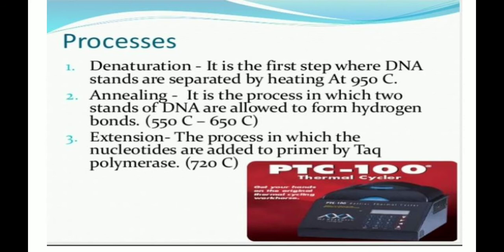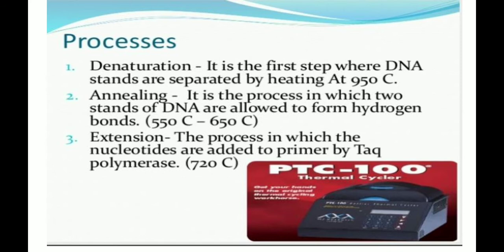Then the third step is the extension process. By the name you can easily understand what extension means. This is the process in which nucleotides are added to the primer by the Taq polymerase enzyme. Here Taq polymerase has the major role of adding nucleotides onto the primer.